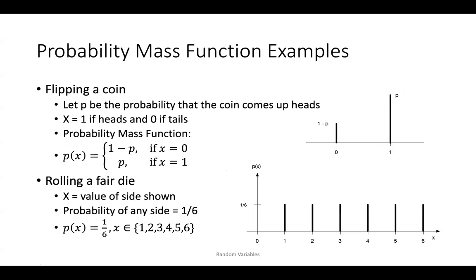So again, just some examples: flipping a coin, which is sometimes also called the Bernoulli random variable. It's either heads or tails, but the random variable would be 0 or 1, because a random variable is always a number. So it's either 0 or 1. We've seen rolling a fair die. If it's fair, then the probability of getting a 1, 2, 3, 4, 5, or 6 is 1/6 for each of them.